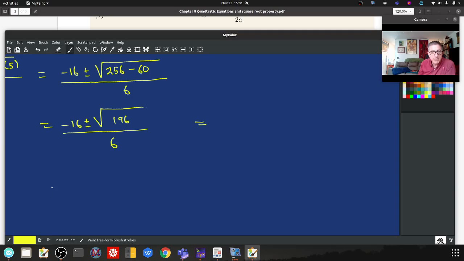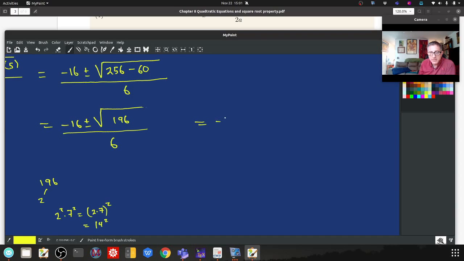If you don't have that memorized, you'd have to start doing a factor tree, and you'd get that it's equal to 2 squared times 7 squared. In other words, 2 times 7 squared, which is equal to 14 squared.